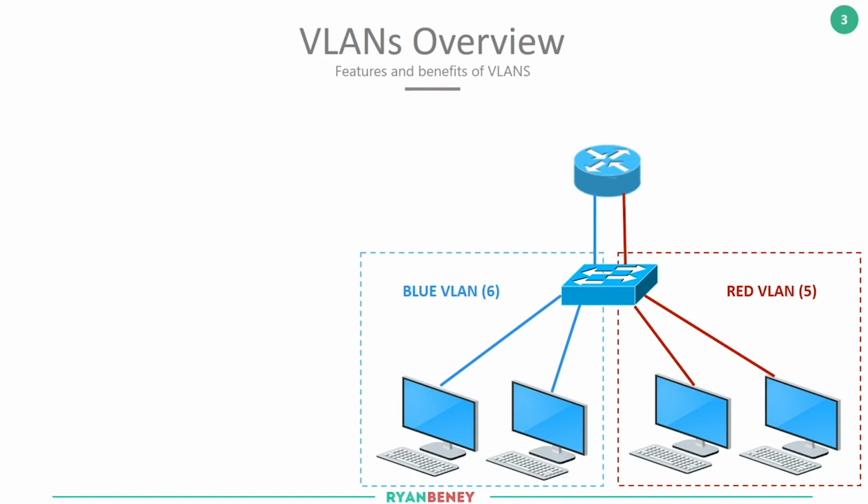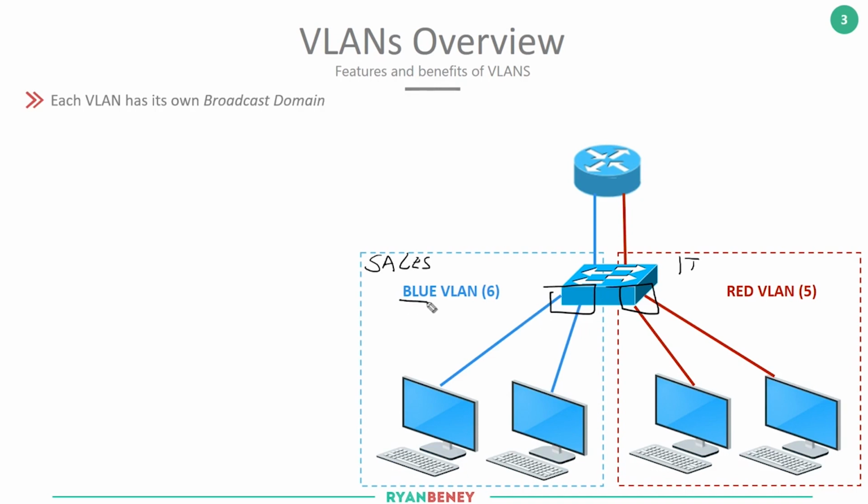So what are the features and benefits of VLANs? The main thing to take away from this is each VLAN is its own broadcast domain. So you can see just down here I have the sales department and the IT department, but notice that they connect into the same physical switch, but we have 2 different VLANs set up.